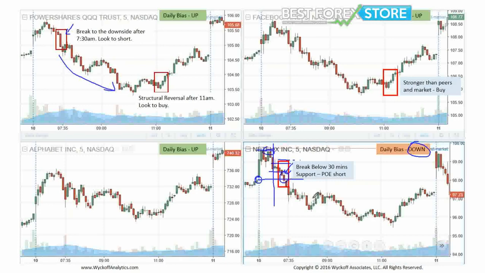You could exit somewhere here, or if you are switching to a different time frame, let's say from 5 to 15 minutes, then your exit is probably going to be somewhere here. And that's your trade, either this one or this one right here.